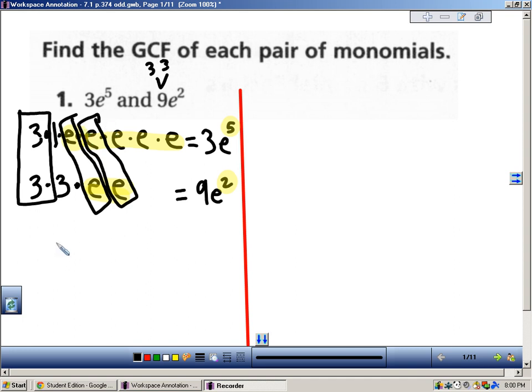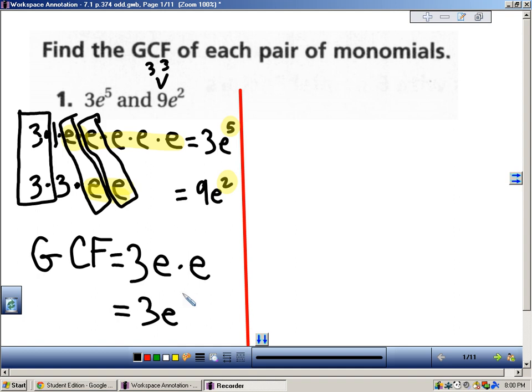So the greatest common factor of 3e to the 5th power and 9e squared, the GCF, is found by looking at these pairs. So we have 1 pair of 3's and 2 pairs of e's. Okay. And when you multiply that through, find the product, the answer is 3e squared.